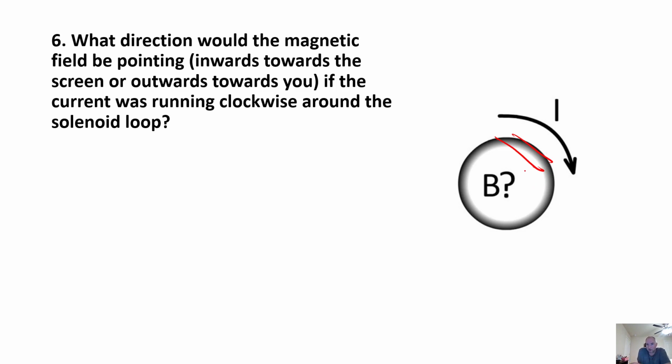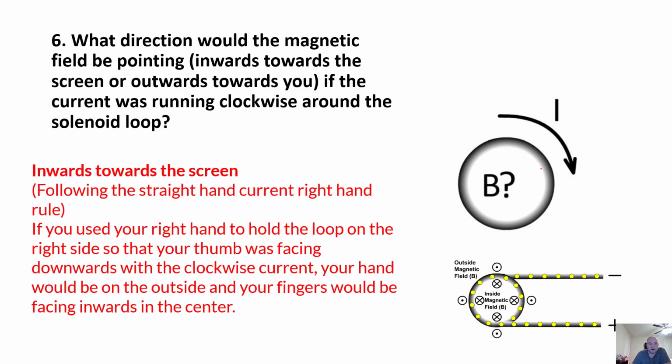It's kind of hard to draw this so it looks the way it should look, but if you do it right, your thumb's going to be facing that direction. I can't really draw it well, but if you can kind of get the contour, you're going to see that it's going to be towards the screen, inwards on the inside.